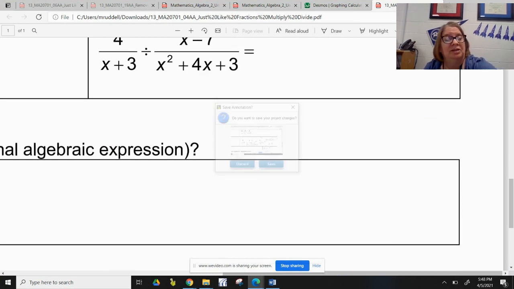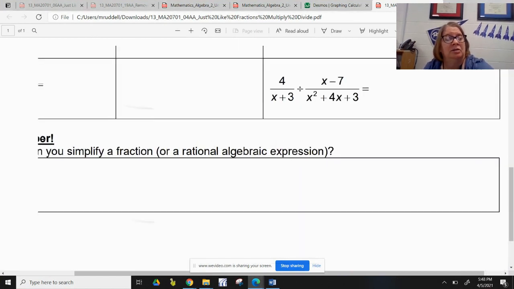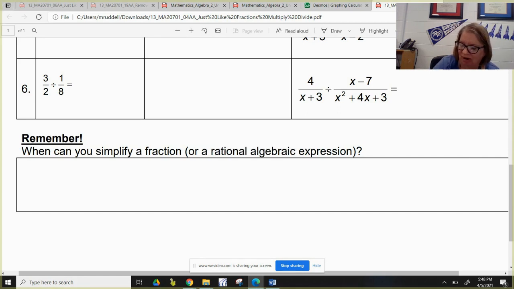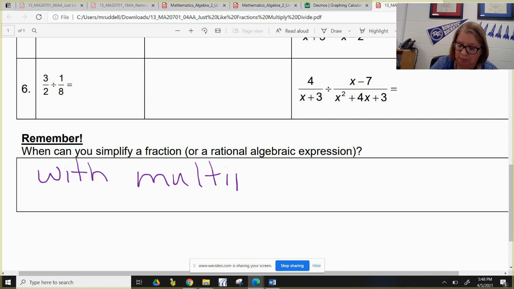At the bottom of this page, it says, when can you simplify a fraction or a rational? Did you do any canceling out when you were doing addition and subtraction? No. You can simplify a fraction or a rational algebraic expression when you're multiplying or dividing. And actually, when you divide, you're multiplying by the reciprocal. Multiplication.